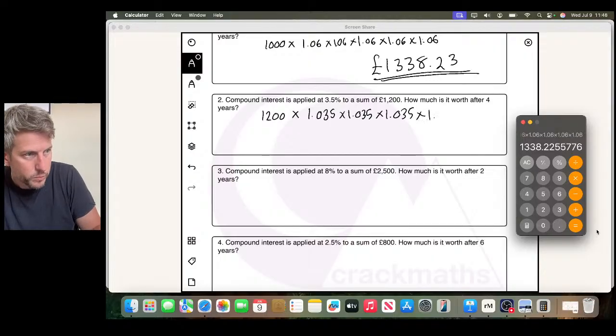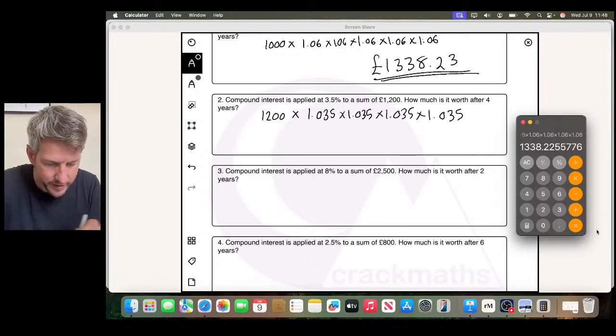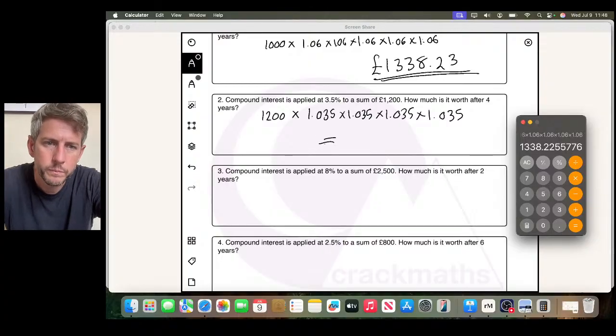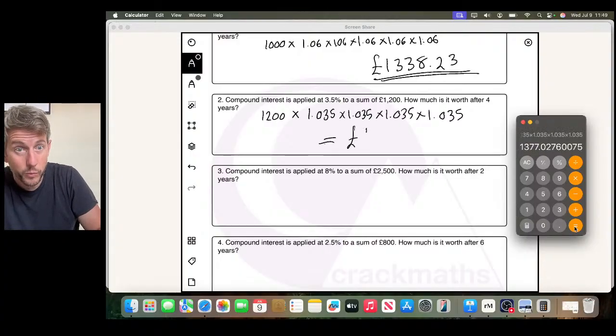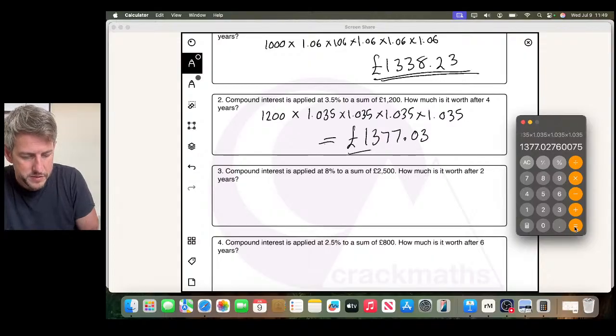So 1,200 times 1.035: 1 year, 2 years, 3 years, 4 years. That will be £1,377 and 3 pence to the nearest penny.